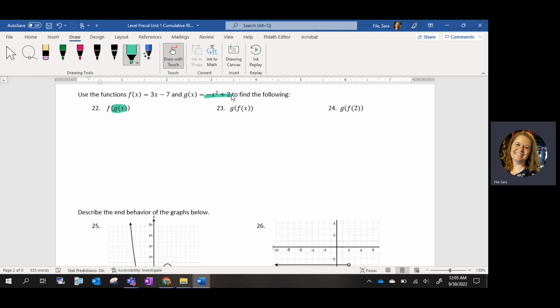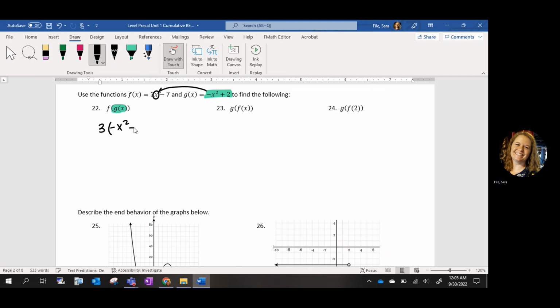So I'm taking this equation and I am plugging it in for x here, because f is the outer function. Okay, so I've got 3, and then I'm inputting that whole thing. The whole g of x equation is what's being input. So that replaces the x, and then I have -7.